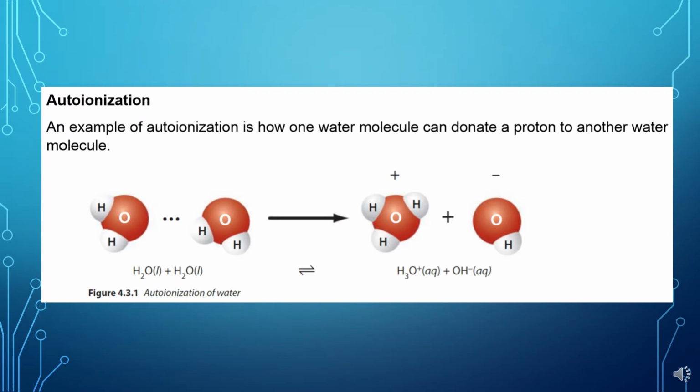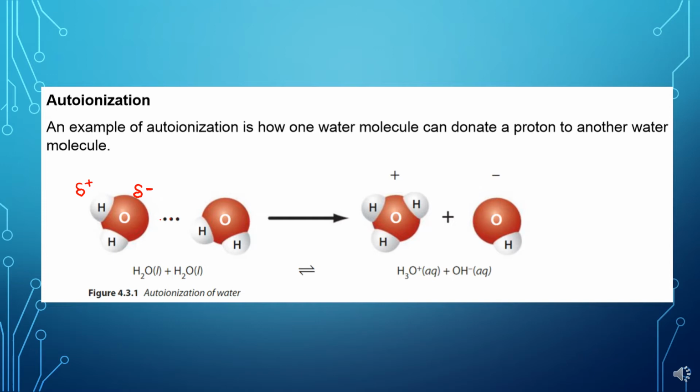First here, I've got a picture of auto-ionization of water and what's actually happening. We've looked at water in the previous unit and have said that water has some interesting properties. Because water is a polar molecule, this side of the water molecule takes on a partially negative charge, there's my delta negative charge, and the hydrogen side takes on a delta positive charge. So we've got hydrogen bonds that can form between one water molecule and another.